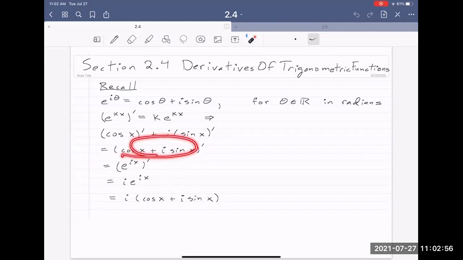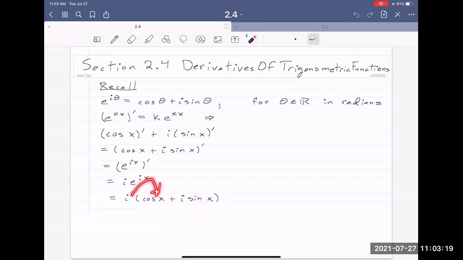But cosine x plus i sine x is just e to the ix. So this is equal to the derivative of e to the ix. To take the derivative, just bring down the constant out in front, i. So this is equal to i times e to the ix. But again, e to the ix is cosine x plus i sine x.